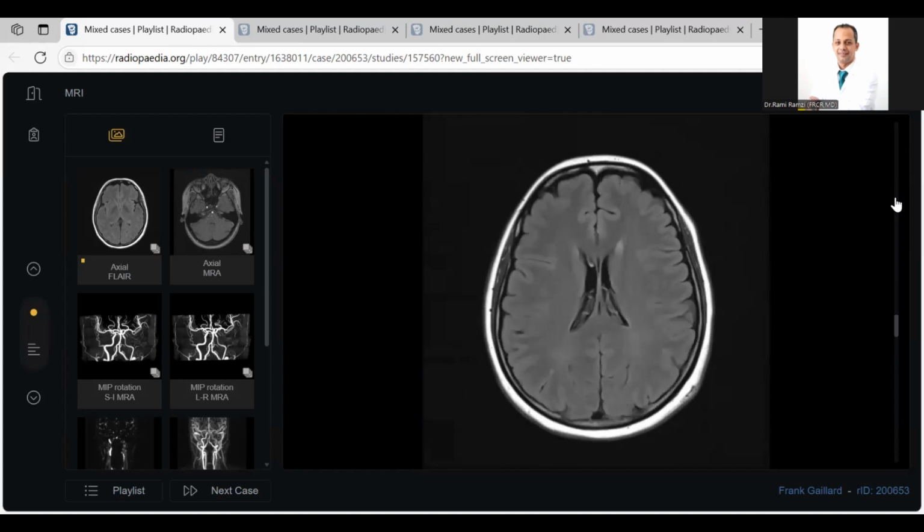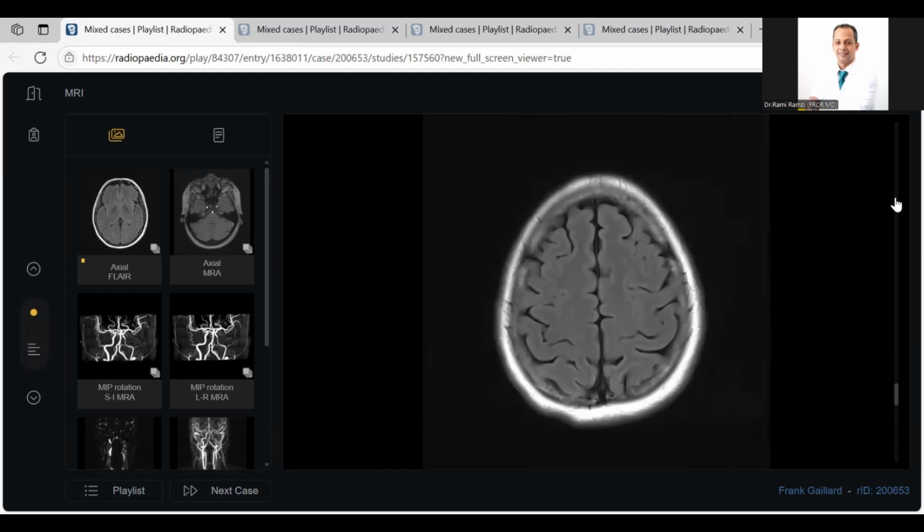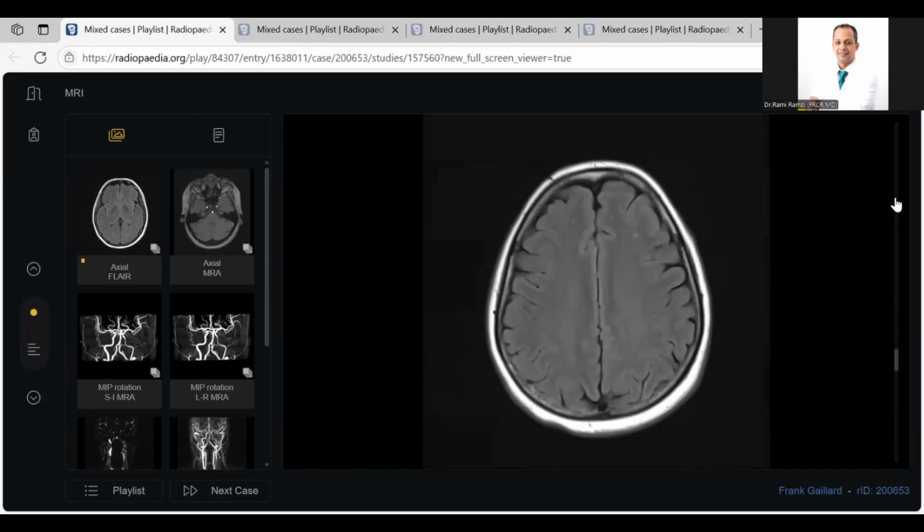It's not scrolling for some reason. Okay. Sorry, is it yourself controlling or am I controlling? Both of us. I give you the control, but look here. Yeah. So I can see small focal areas of hyperintensity seen predominantly in the white matter around the cortices. I can't see. I'm sorry, would you be able to scroll for me?